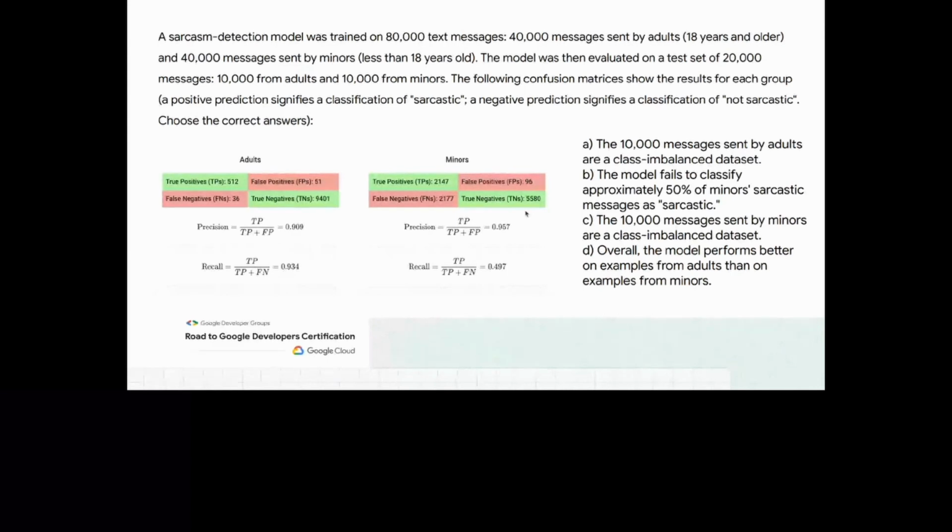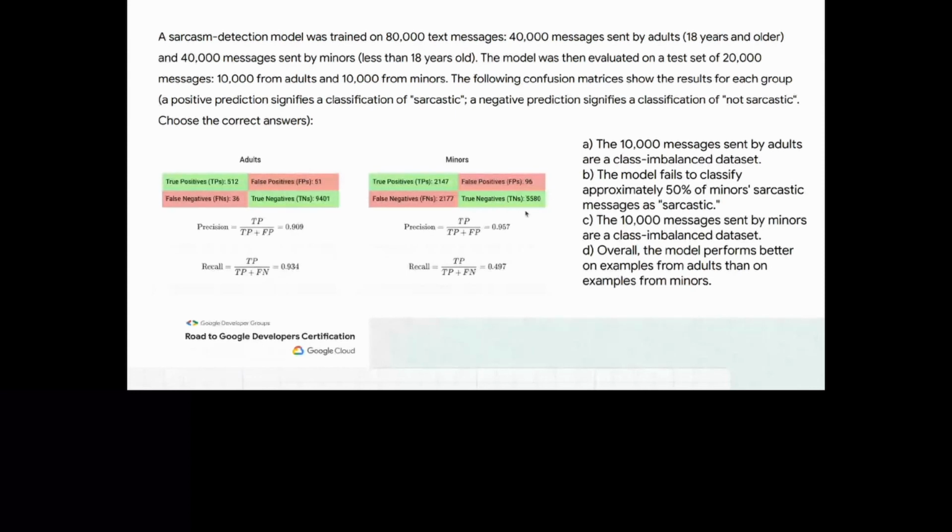A positive prediction signifies a classification of sarcastic. A negative prediction signifies a classification of non-sarcastic. Choose the correct answers. 2 answers are right. And so the answer A is 10,000 messages sent by adults are a class imbalance data set.